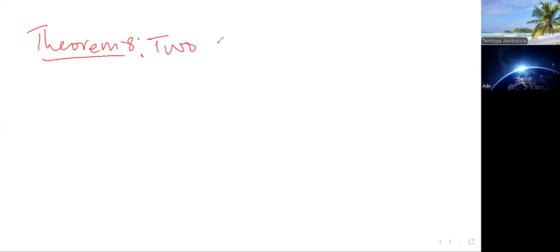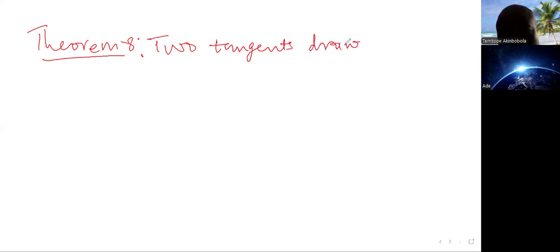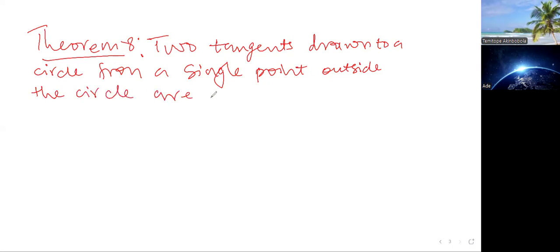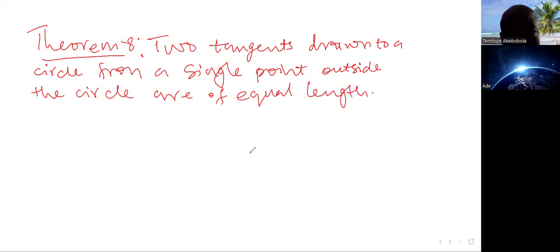This says two tangents drawn to a circle from a single point outside the circle are of equal length. Hope you are writing. Yes, sir. Two tangents.